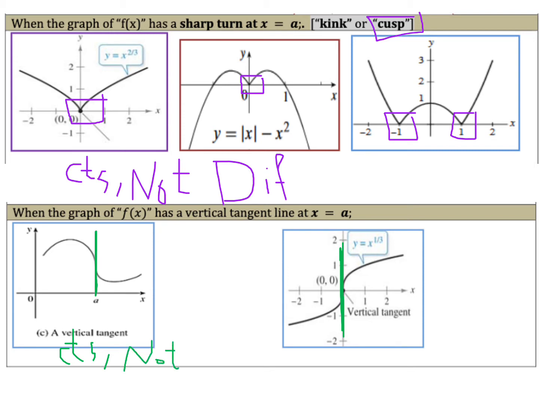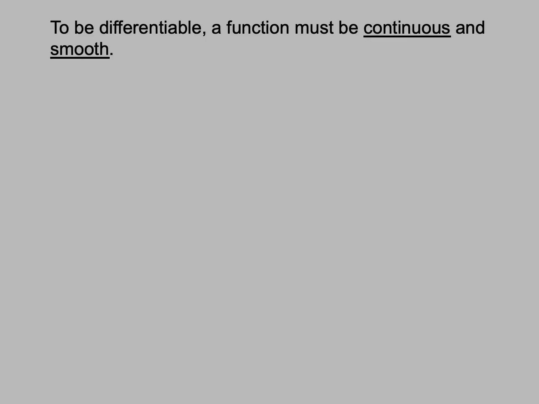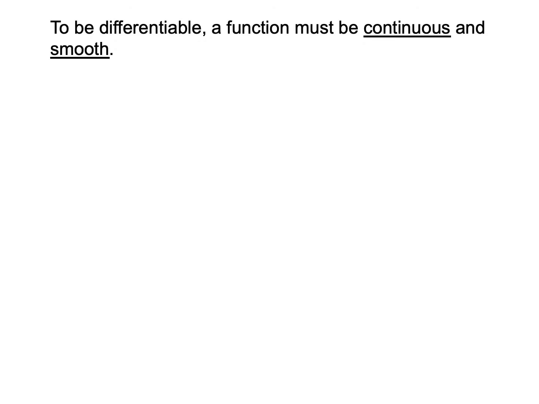So these are new cases of non-differentiable functions when there is a cusp or vertical tangents. Now we need to make sure that the function to be differentiable must be continuous and smooth. And we said smooth, it means no sharp turns, no corners, and no vertical tangent.